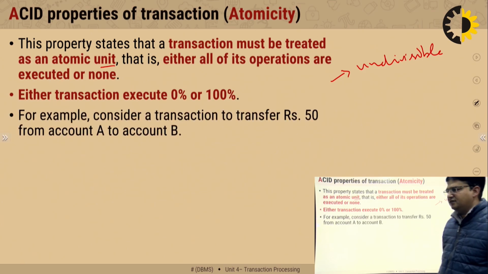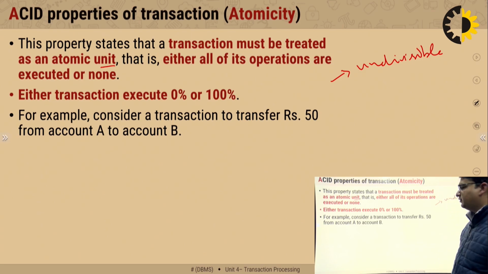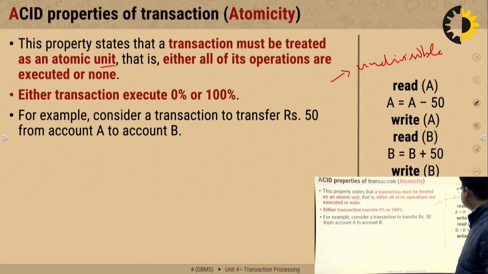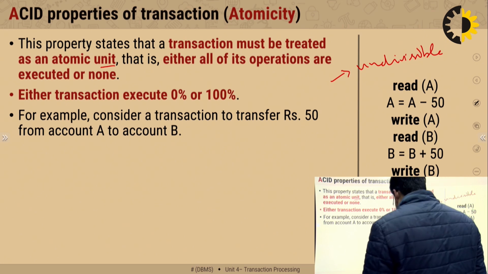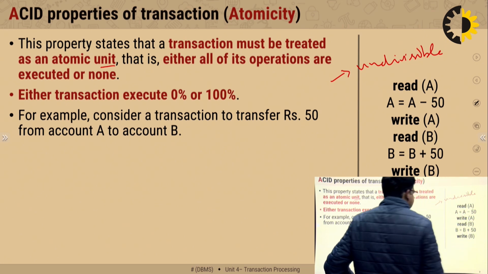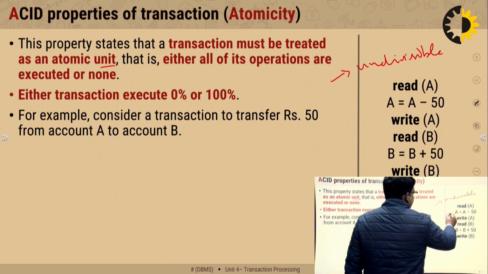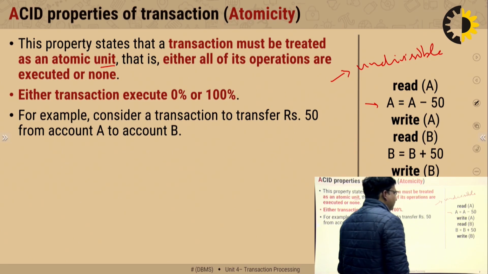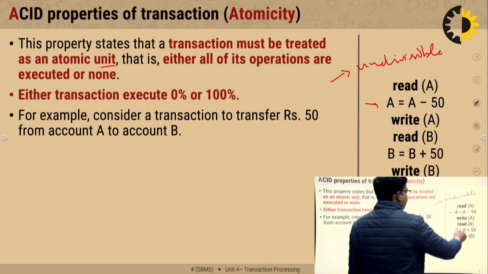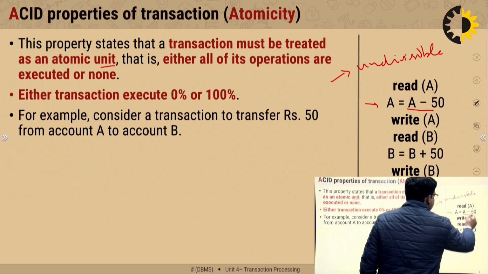Let us consider an example. Consider a transaction to transfer 50 rupees from account A to account B. Let us demonstrate it. So this is how you write a transaction. First we need to read the value of A, then we will update the value of A. That is, the updated value of A is A equals A minus 50.